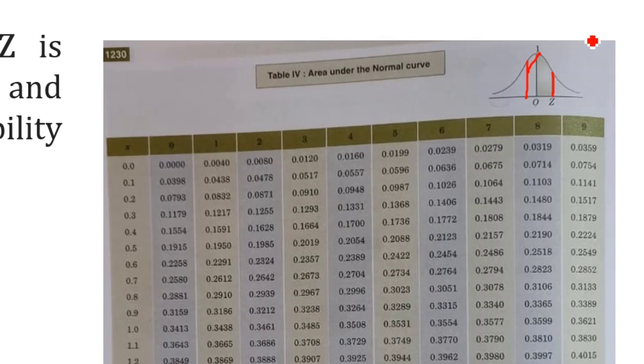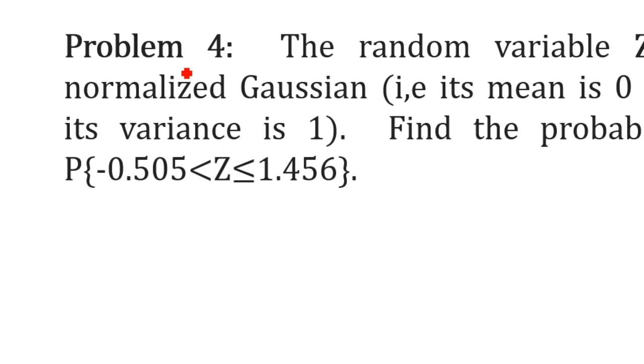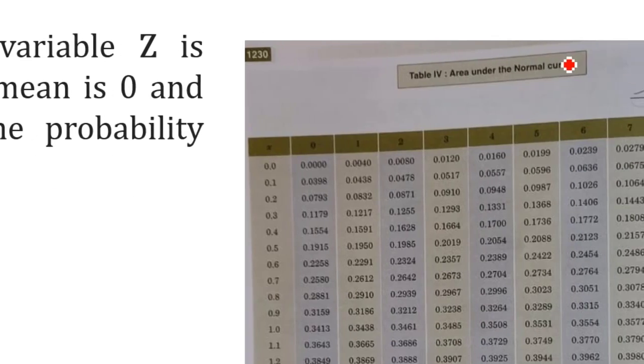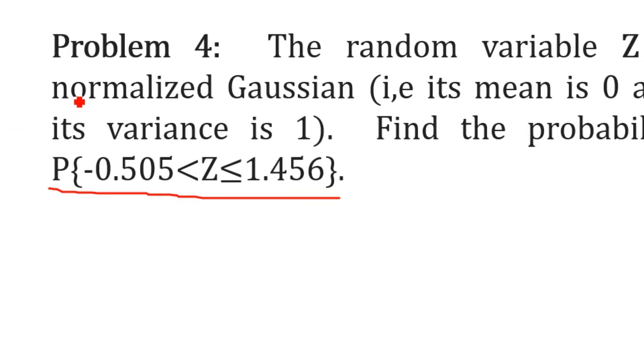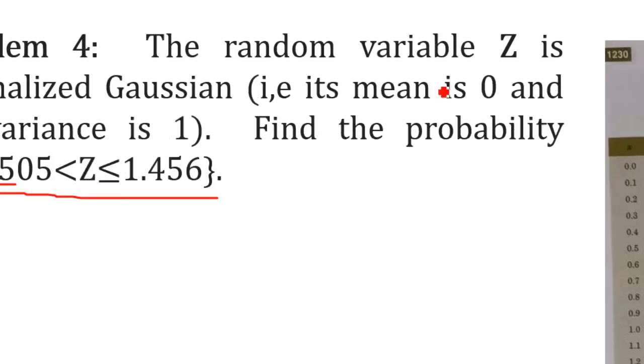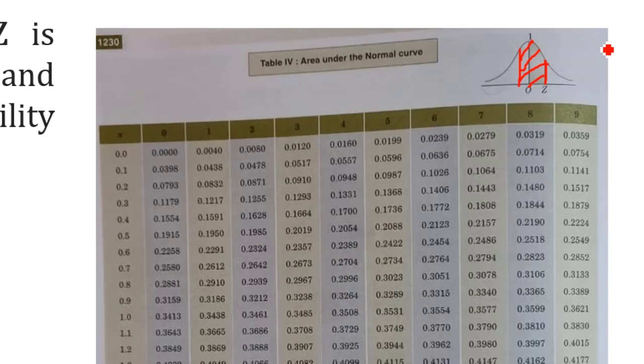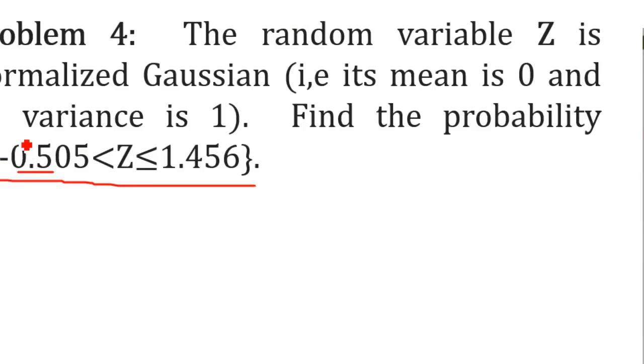In that range, what could be the probability? This is the question here. For this normalized probability density function, calculate the probability between this range. We need to calculate the value for 0.505, note down the value for 1.456, then add those two. That gives the complete probability between the values.